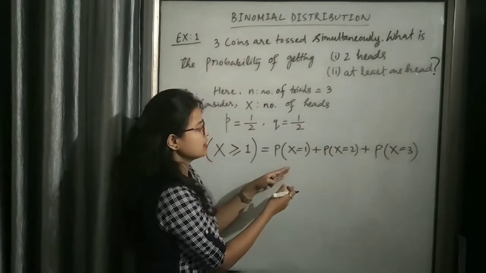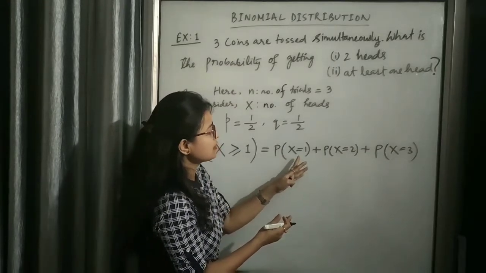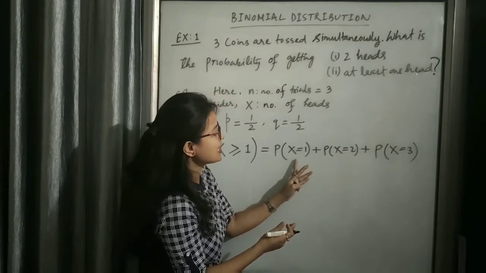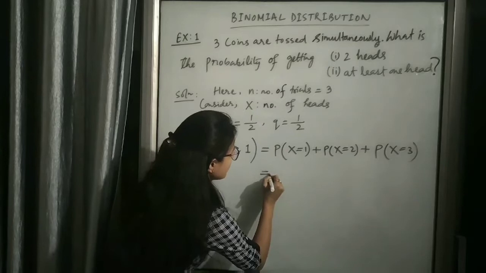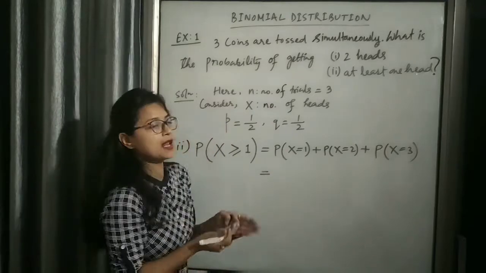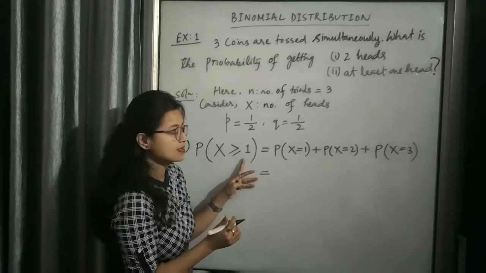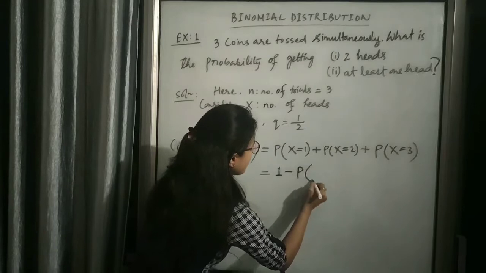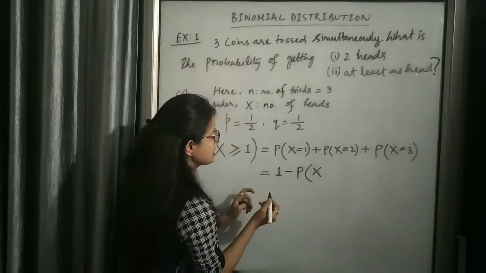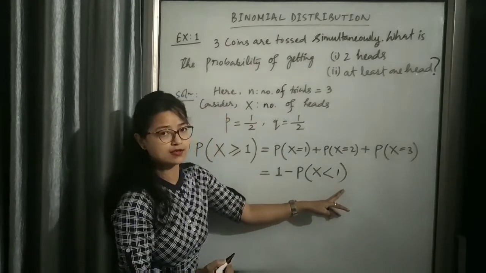Directly from here you can use the binomial distribution formula and individually find the probability of each of the 3 probabilities. Or what we can do, we can apply the concept of complement. Probability of X greater than or equal to 1 is equal to, with the help of the complement, we can write as 1 minus P(X less than 1).